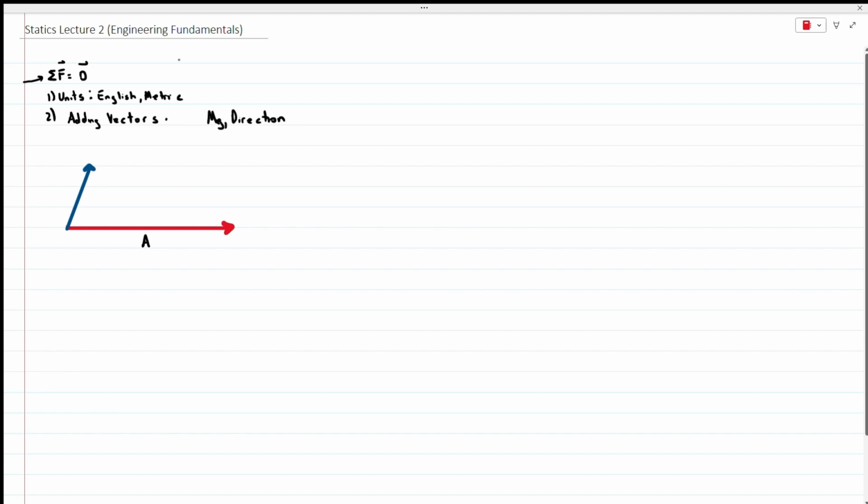For instance, vector A has a length of A, and vector B has a length of B, and associated directions. Vector A we say is fully horizontal and pointing to the right. Vector B, we'll say it's at an angle of theta with the vertical.